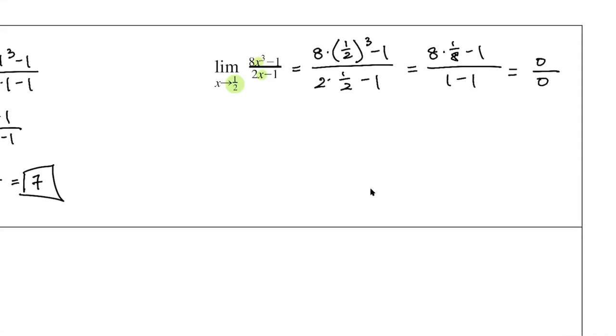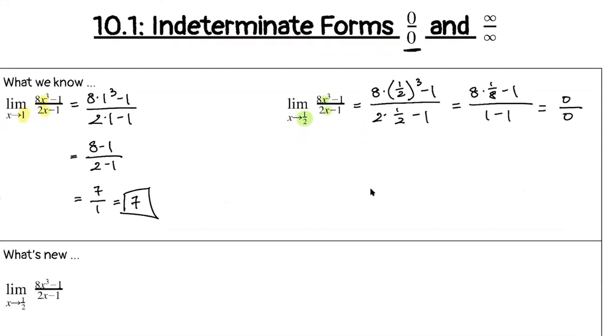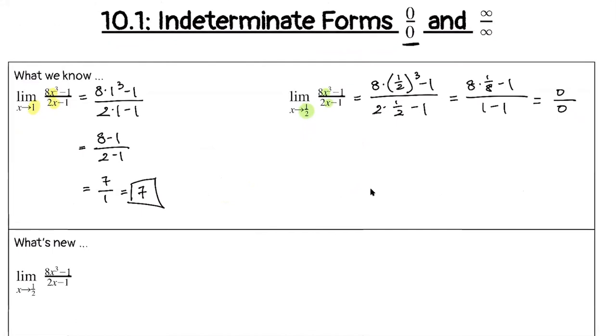Now 0 over 0 is one of the indeterminate forms that we're going to talk about today. When you plug in a number and you end up with 0 over 0, so you have a 0 on the top and a 0 on the bottom, in that case, we had to solve this a different way.